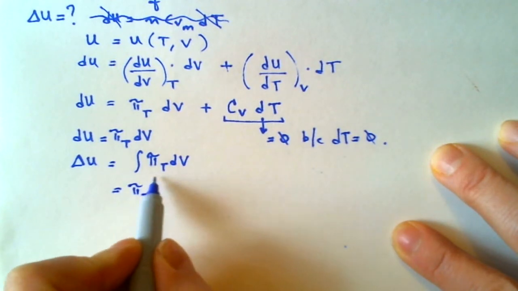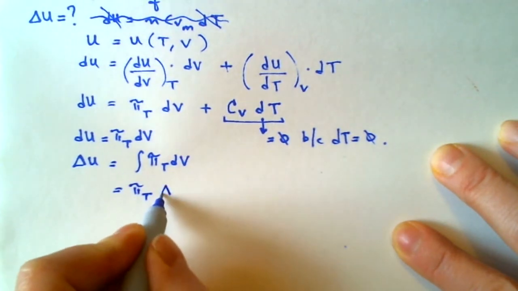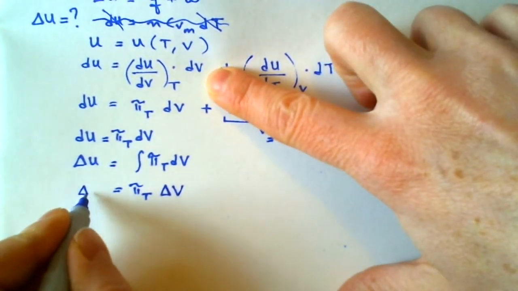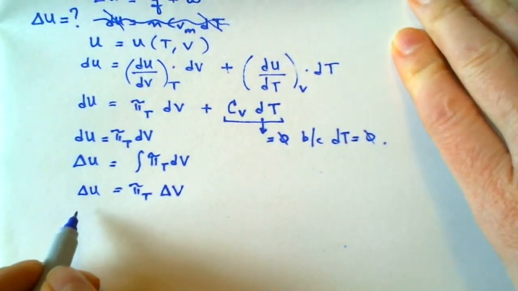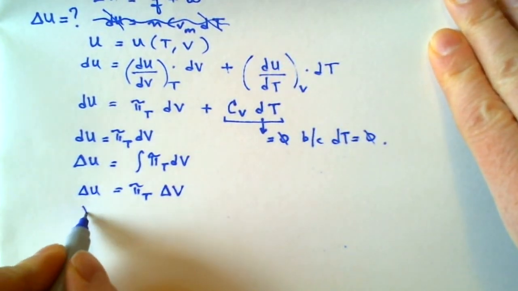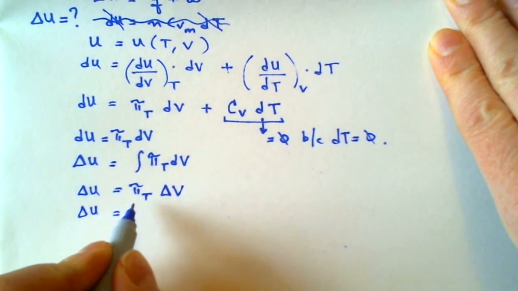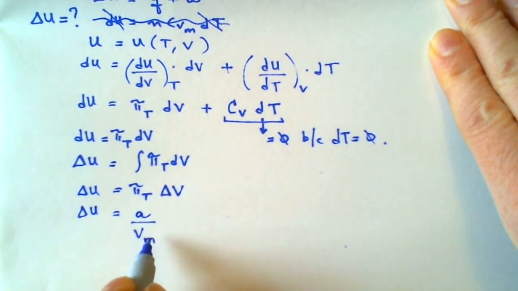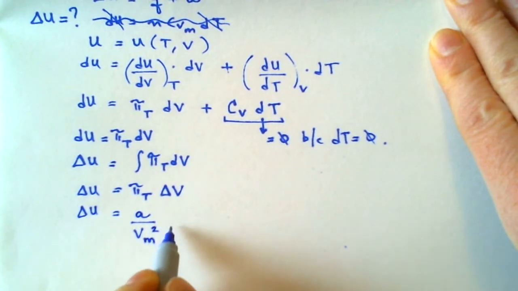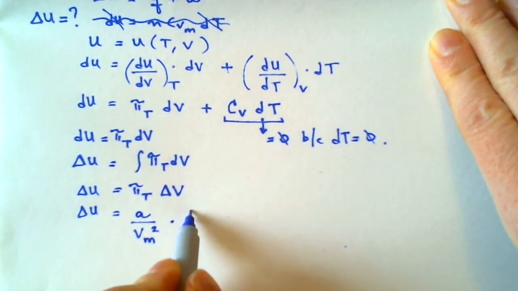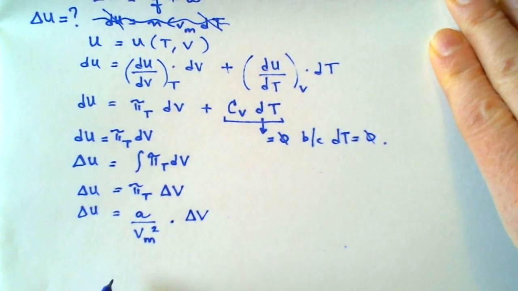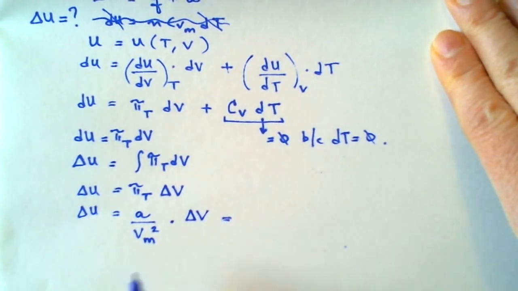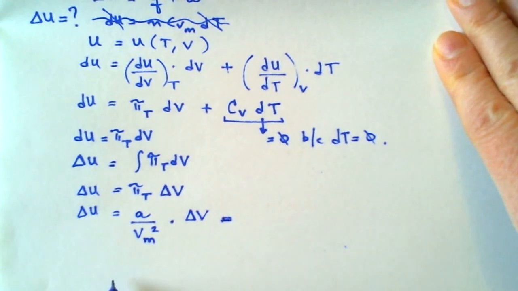And the integral then of dV is just simply delta V. Okay, now let's apply what we've been told about what that equals. A over molar volume squared times delta V, which is given.